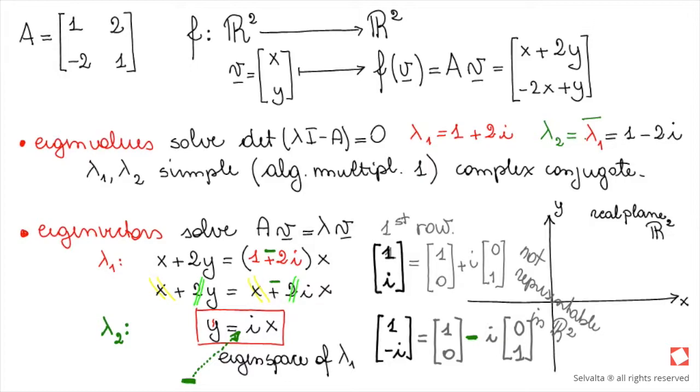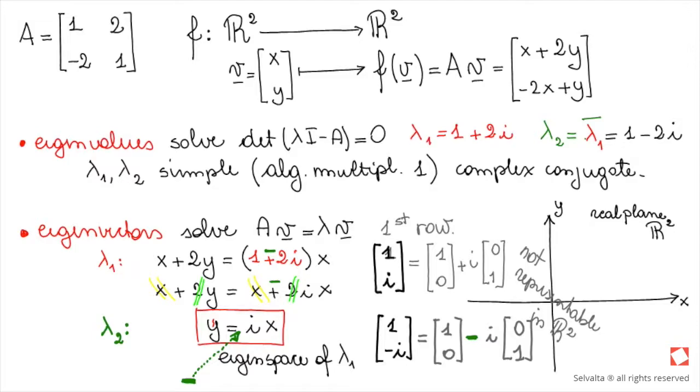As you can see, the calculation can be easily performed also if complex values arise. It is important to point out that these transformations with complex and conjugate eigenvalues are quite frequent, and they have a very precise meaning even if the eigenvectors are not representable in R2.